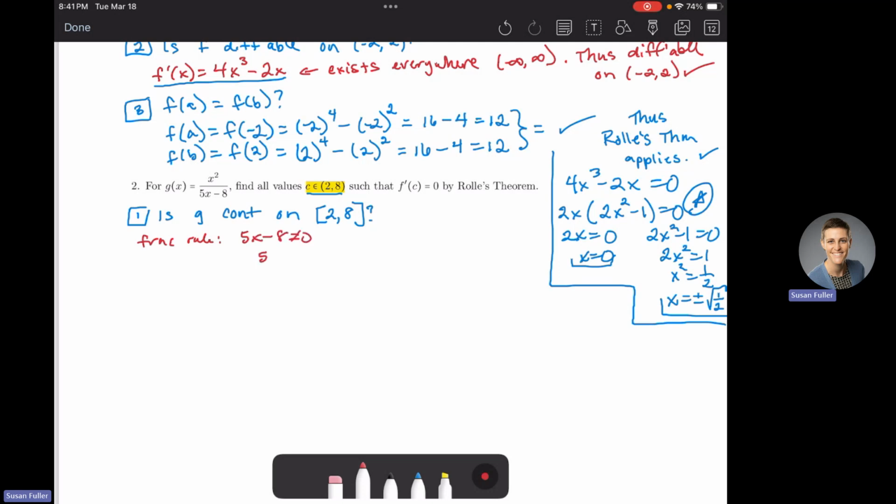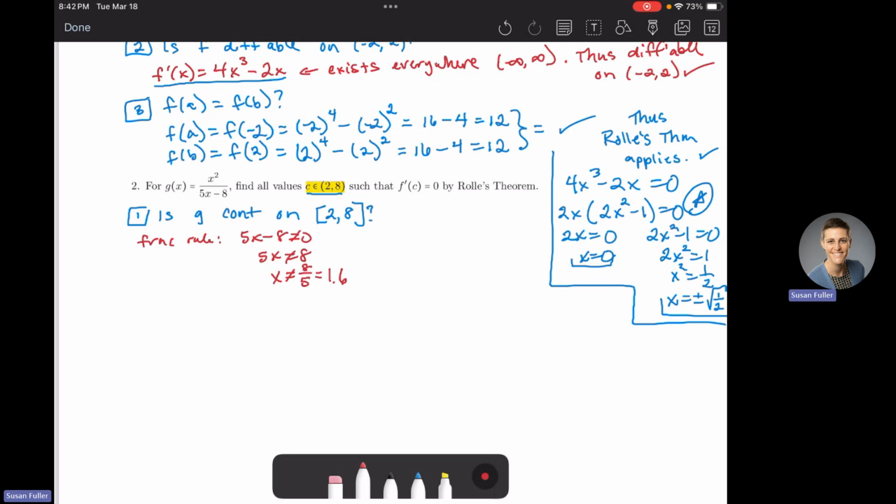And that means that 5x can't be equal to 8, so if I divide both sides by 5, x can't be 8/5, which is 1 3/5, so that's 1.6 for those of you in Camp Decimal. And so x can't be 1.6. 1.6 is where we have a discontinuity.